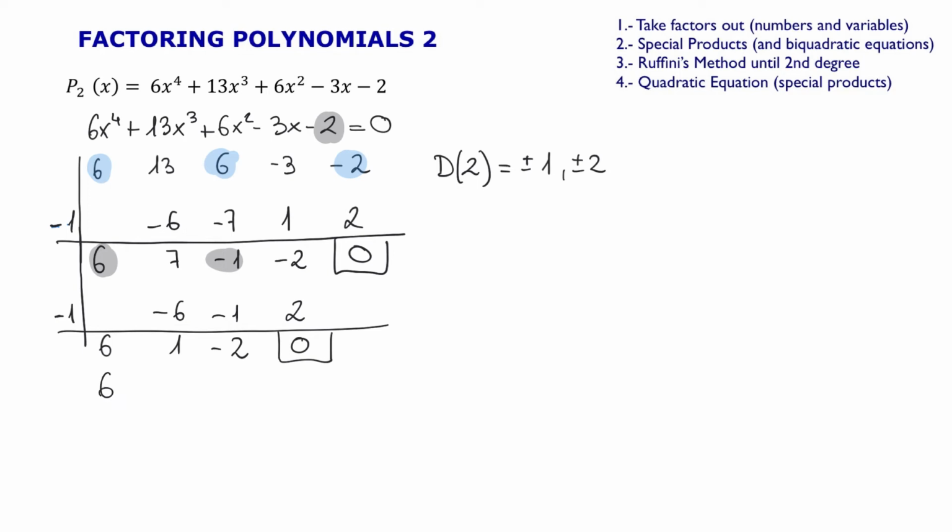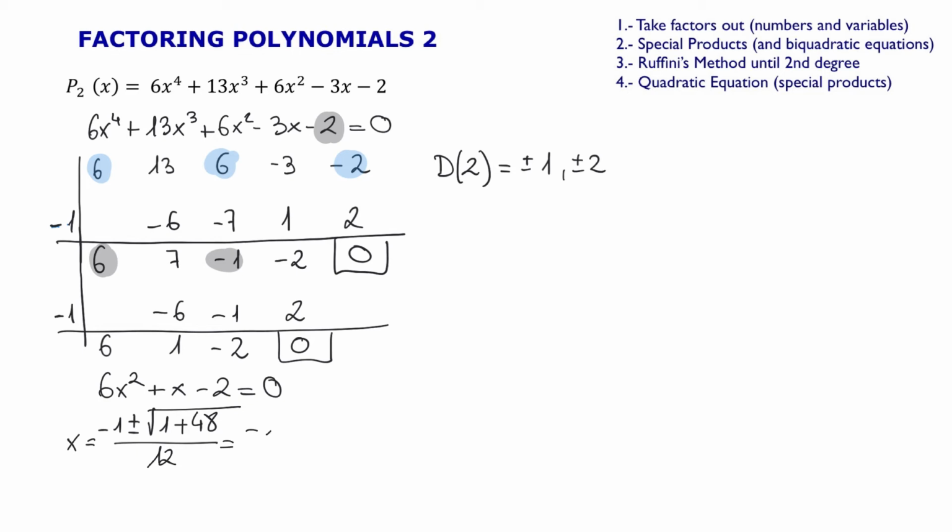Now we have the quadratic equation that we need to solve. X is negative 1 plus or minus the square root of 1 squared, 1, minus 4 times 6, negative 24, times negative 2 is plus 48, over 2 times 6, which is 12.